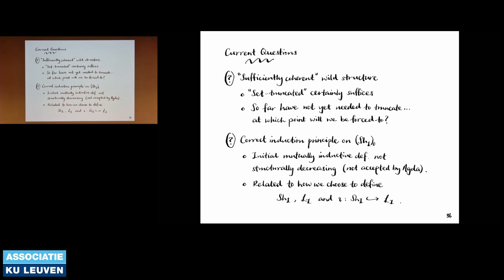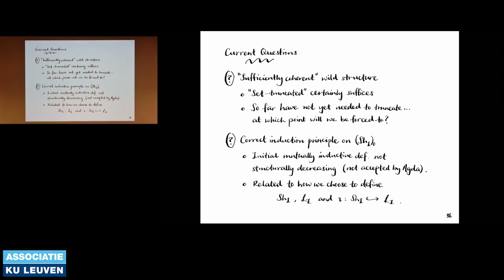But the interesting thing is, as an investigation, finding out where we will actually need set truncatedness. And on the inverse category side, the index side, we need to figure out the correct induction principle. Initially, we thought we could just do it by induction on some triple of natural numbers.